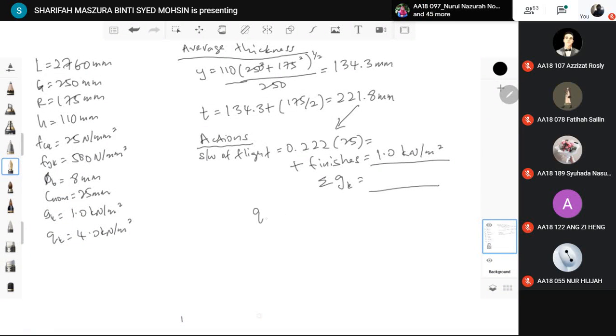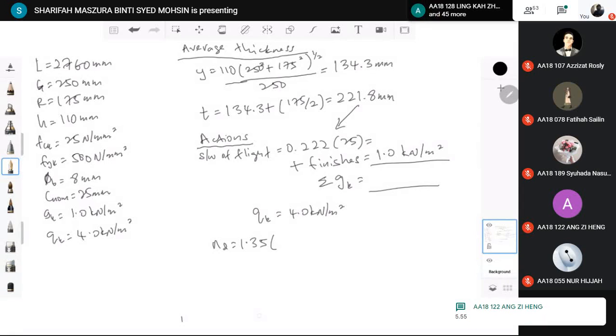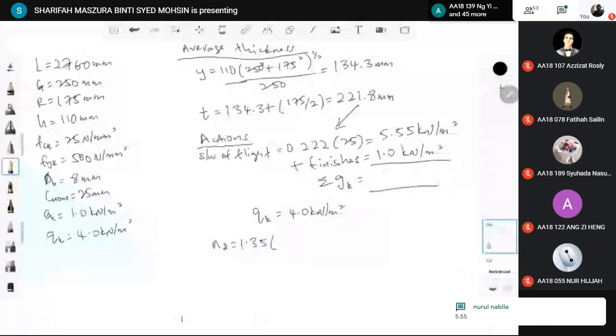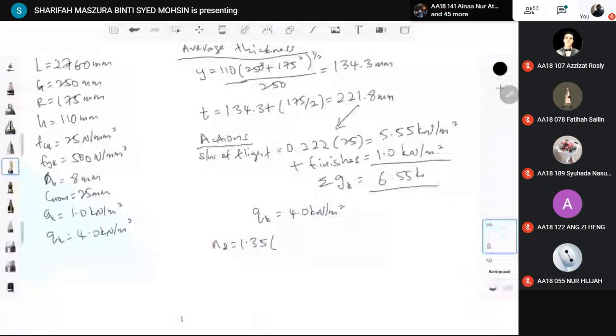And UK given is 4.0. Self weight, what do you get? 5.55 kilonewton per meter square. So add this together, we get 6.55 kilonewton per meter square.